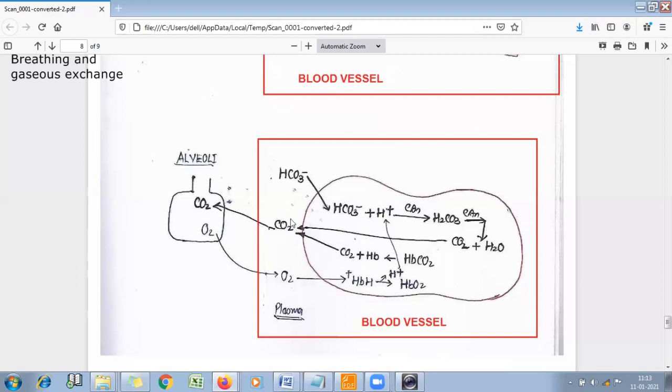Now the total of this carbon dioxide will be transported into the alveoli, and it will be expelled out. And here the oxygen has been received by hemoglobin, and when the hemoglobin receives oxygen, it has loosened this hydrogen ion, and it forms oxyhemoglobin. So we can see here the whole mechanism of how this carbon dioxide and hydrogen ion have been transported. Thank you.